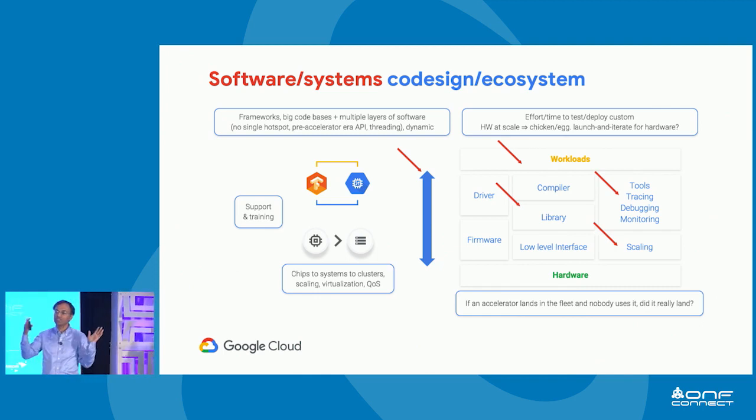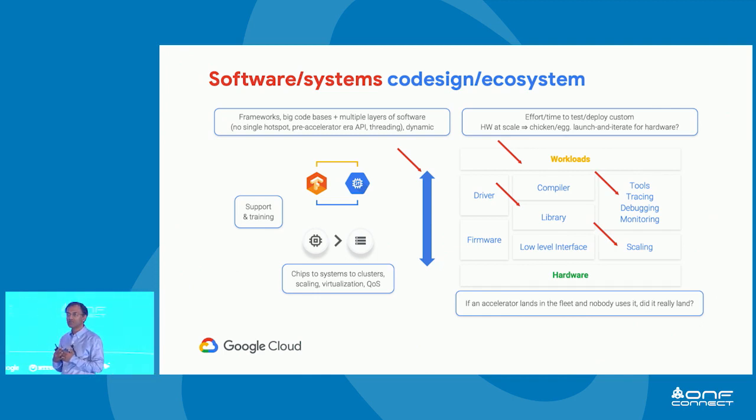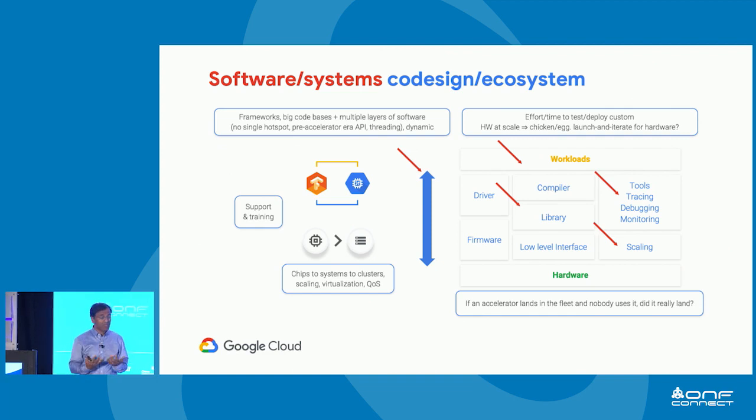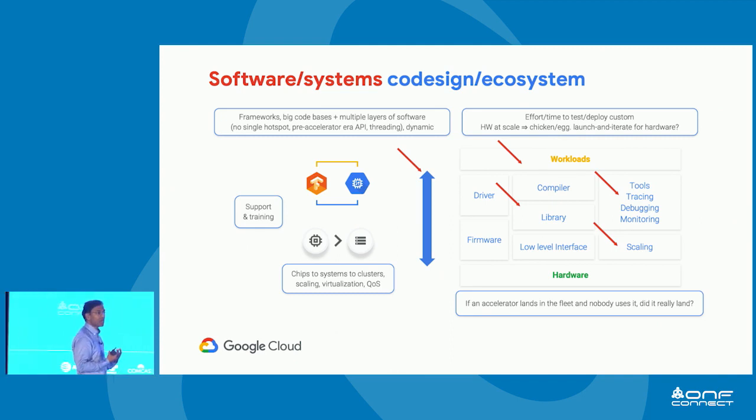But there's really a whole surrounding ecosystem in terms of thinking about what are the frameworks, what are the ecosystems, what is the software stack, how do you deal with large legacy software that have been built in the pre-accelerator era. How do you think about tools and debugging?